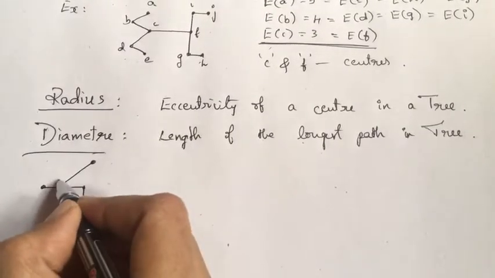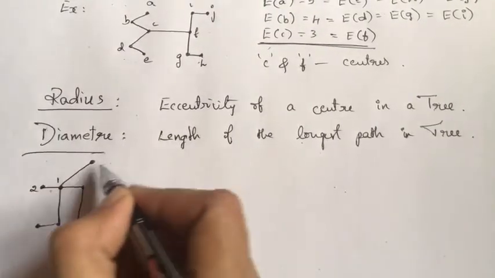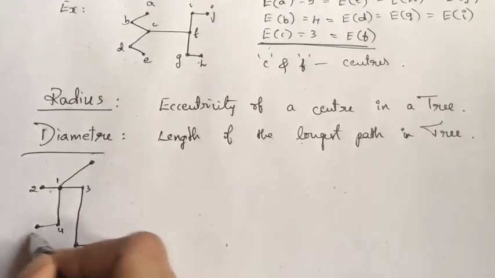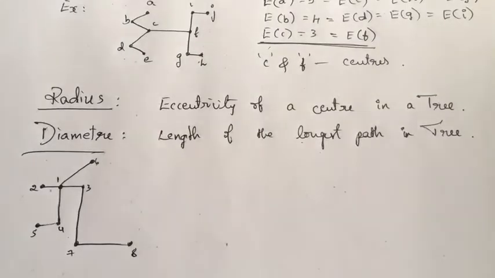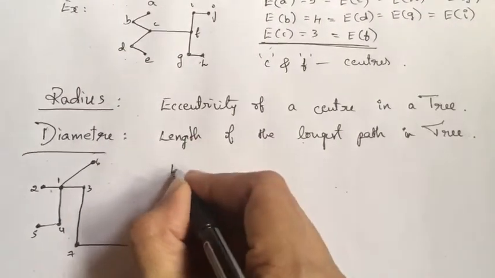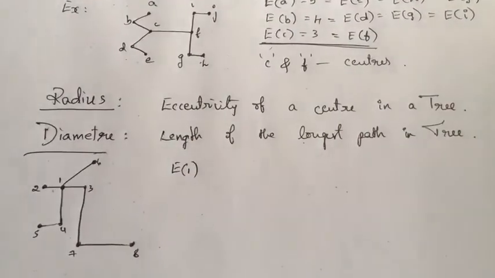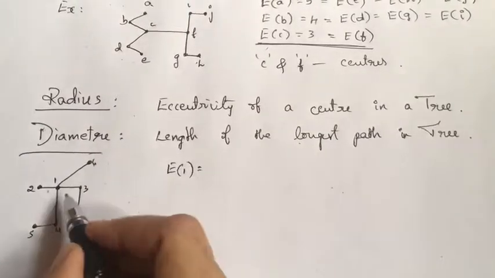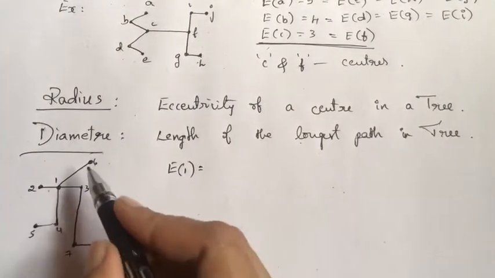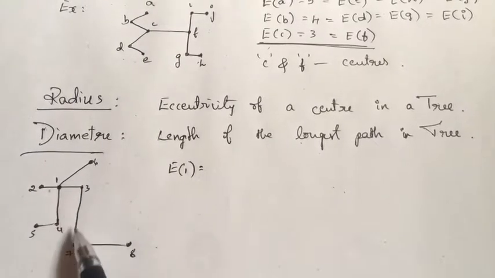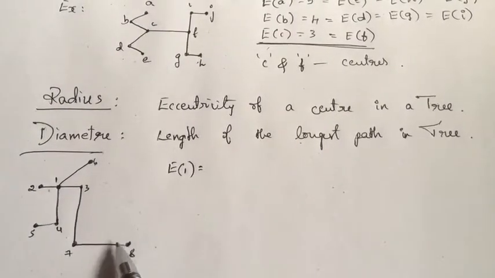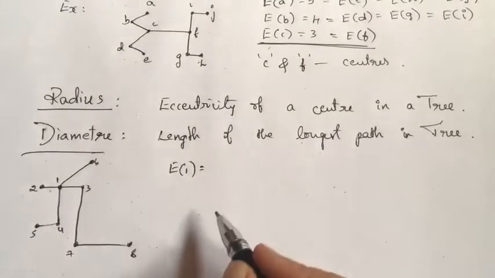for this? The vertices are 1, 2, 3, 4, 5, 6, 7, 8. Eccentricity, I'll list out. Eccentricity of vertex 1 is the maximum distance from 1 to the vertex which is farthest from it. That is vertex 8, which has length 3.